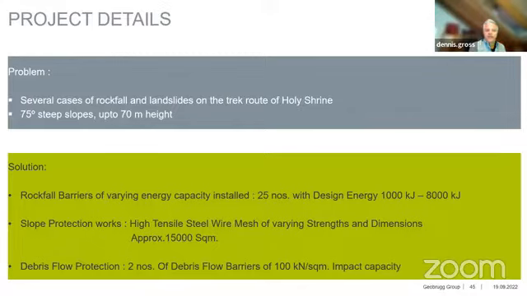And all these pilgrims will walk the path, which we will now see on the next couple of slides, which is in total, I believe, if I'm not mistaken, almost 10 kilometers up to the shrine location.